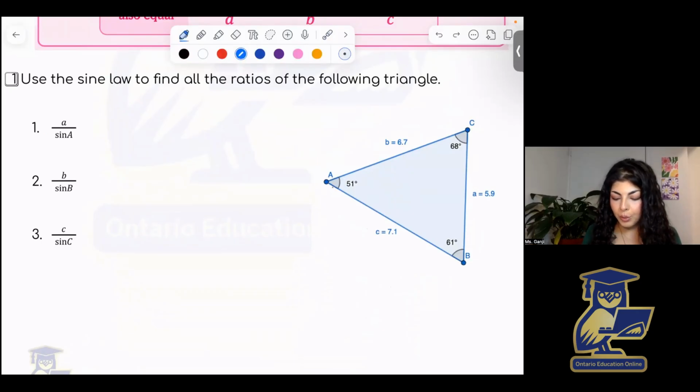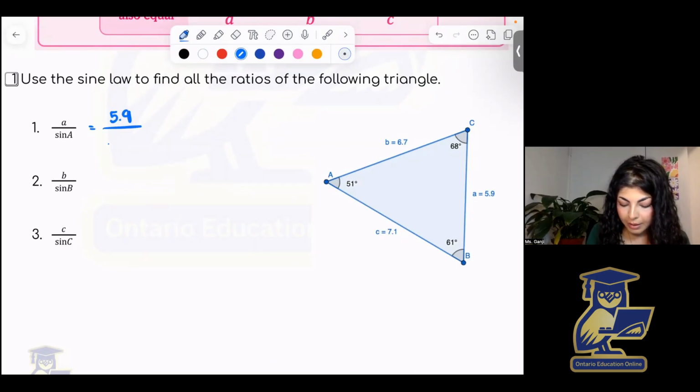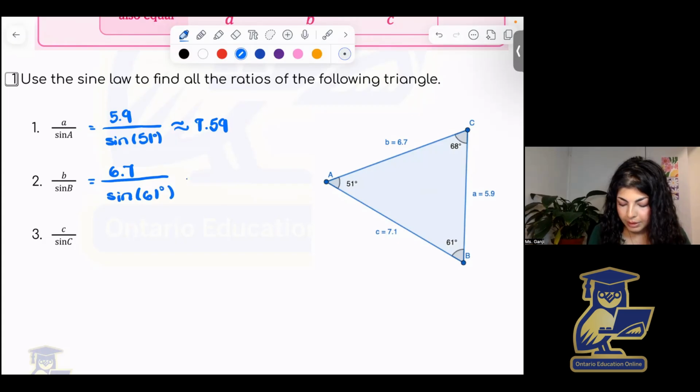So with respect to A, here we have 5.9 divided by sine of 51 degrees, and this is approximately 7.59. Now with B, we have 6.7 divided by sine of 61 degrees.